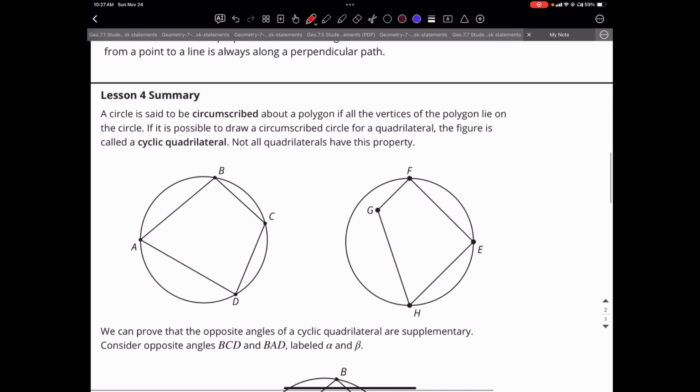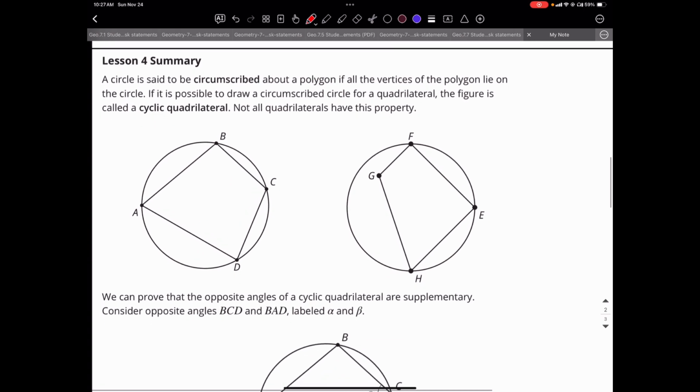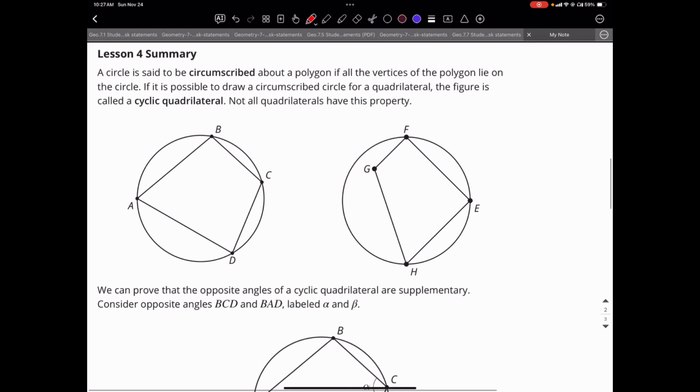Lesson 4. So now we're starting to deal with other polygons: quadrilaterals, triangles, hexagons, heptagons. We're going to deal with all the different types of polygons. When they're illustrated inside a circle, there's a special name that we use for that, and that's called circumscribed.